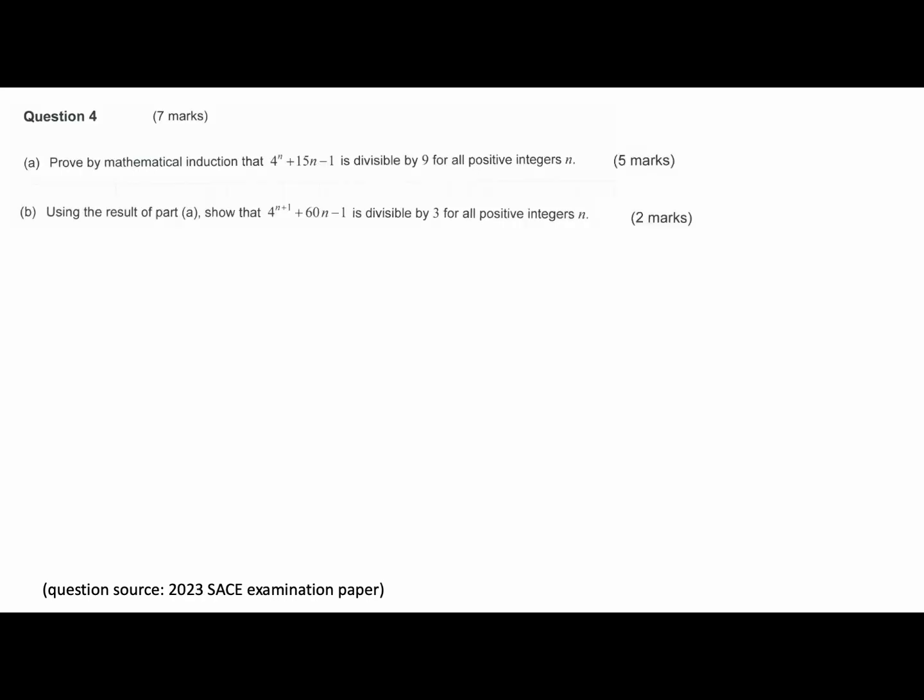The technique I introduced you can also be used to solve the following up question in 2023's examination. So the question B, by using question I to solve that, so we consider the question I is an assumption. And then we just need to rearrange the 4 to the power of n plus 1 to look like your assumption.